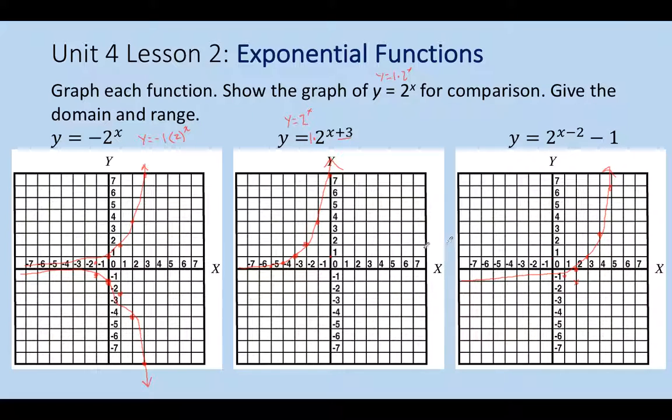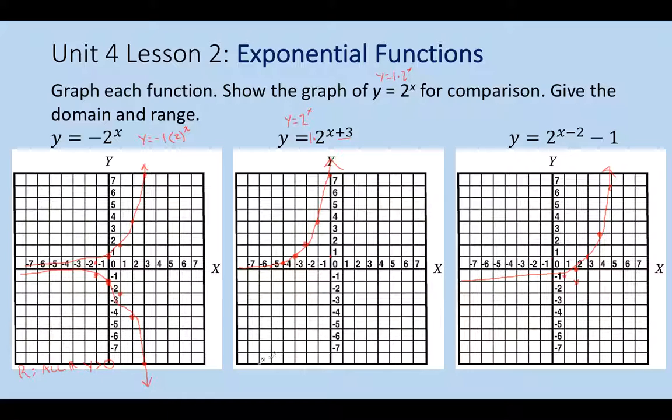So there it is. Okay, domain is going to be all real numbers for all of them. They go forever left, forever right. The range, however, we'll say all real numbers y is greater than 0. It never actually gets to 0, so we don't want to put or equal to.